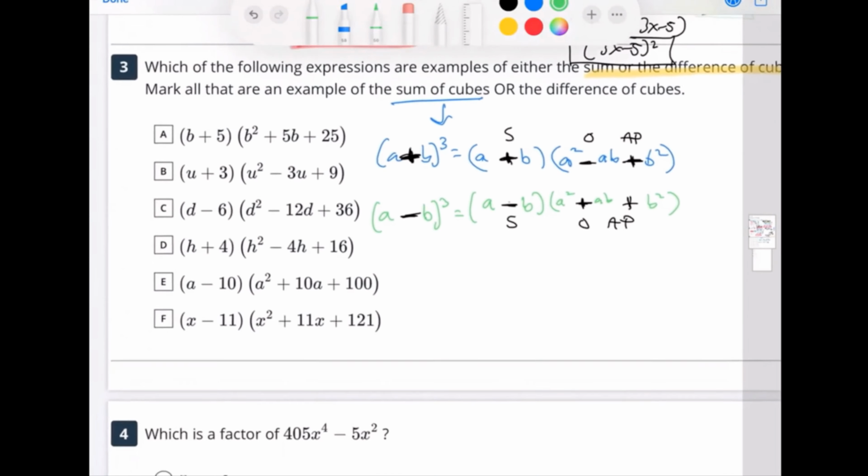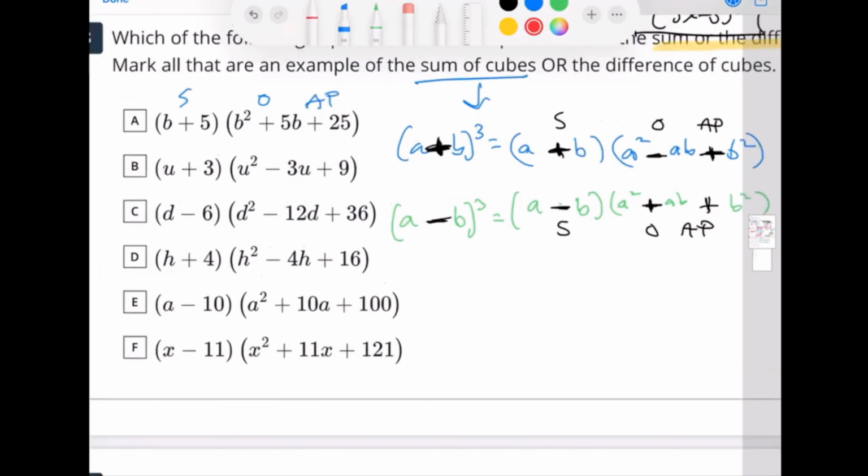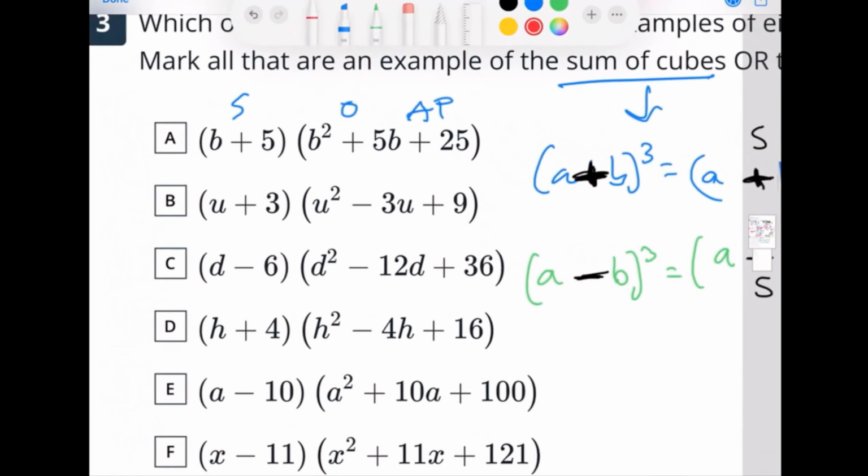Watch this. It doesn't tell us how to start, but I can just eliminate problems based off of SOAP. Okay, let's write out SOAP. Same, opposite, always positive. Okay? Look at this one. If this starts as a positive, then this one has to be a minus, but it's not, so we're not picking that one.